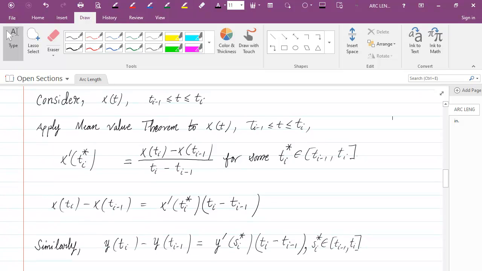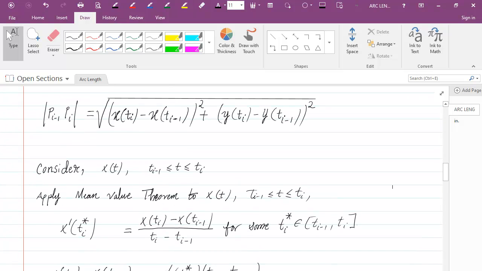So by applying the mean value theorem, we obtain this expression for the quantity x(t_i) - x(t_{i-1}), which is what we have inside the square root for the length of the line segment from P_{i-1} to P_i.